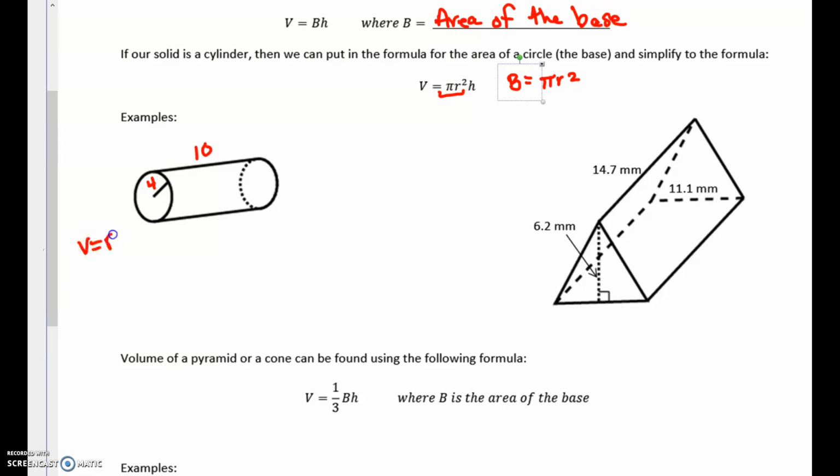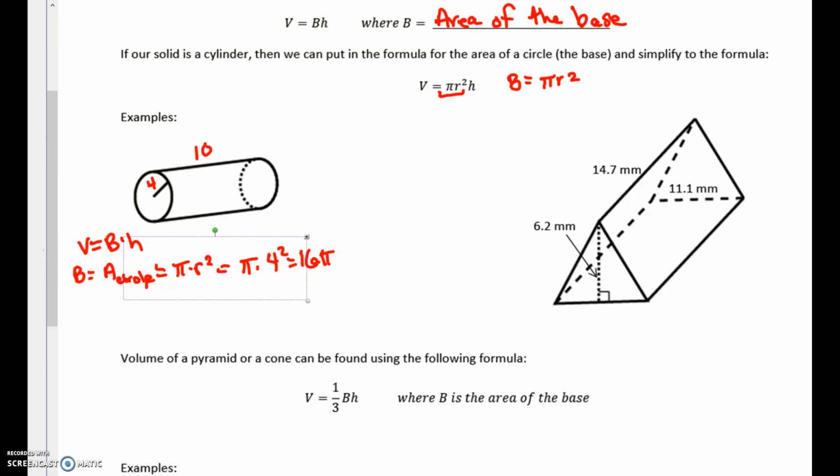So if volume equals base times height, and my base is the area of a circle, which has the formula pi times r squared, well, I'm going to plug in pi times 4 squared, which gets me 16 pi.